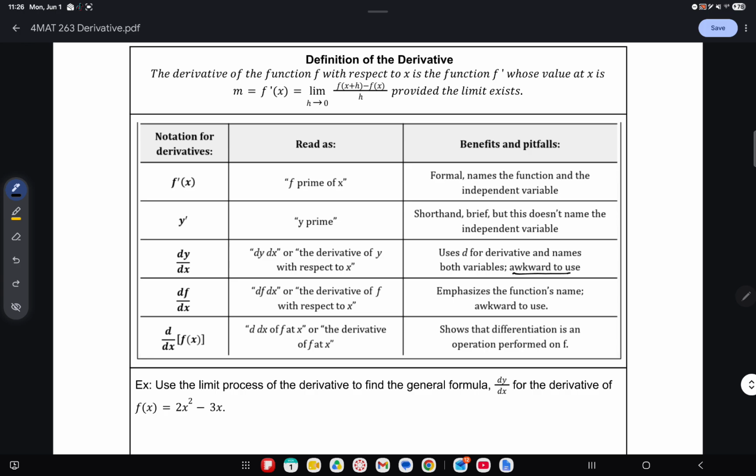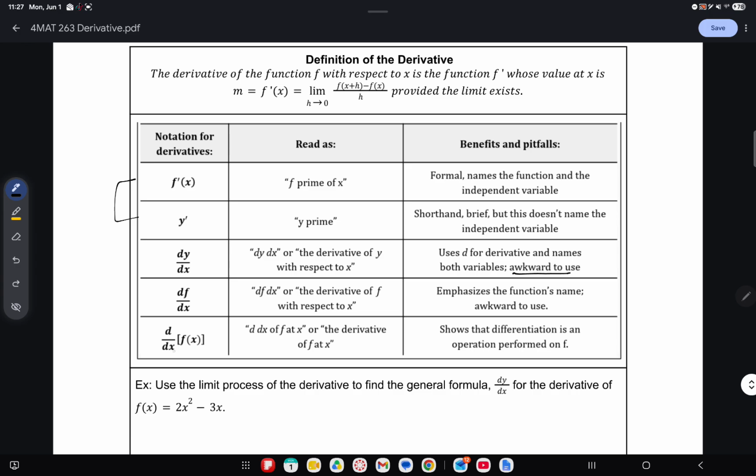I use it when we get into concepts like related rates. I typically am between these two as a personal preference. I just have df dx, so the derivative of f with respect to x, and it could be any function. So it could be g, so dg dx, or dh dx. And again, that will come in handy when we do related rates.